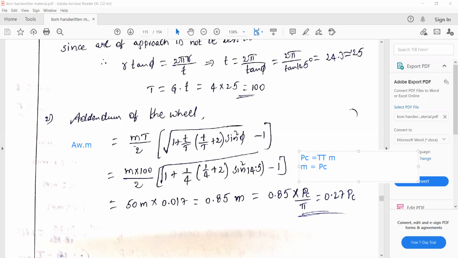So m is replaced with pc by pi. Then 0.85 by pi, just make the calculation, that is 0.27 P suffix C. So now the value has arrived in terms of circular pitches. Those are the determining values here.